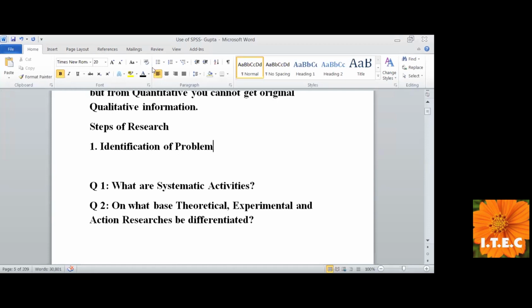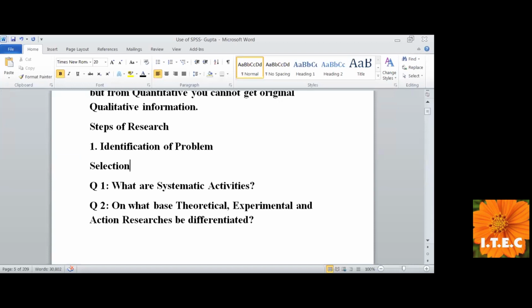Now in this, there are two technical words. One technical word is identification and another technical word is problem. Now, can I use selection in place of identification?